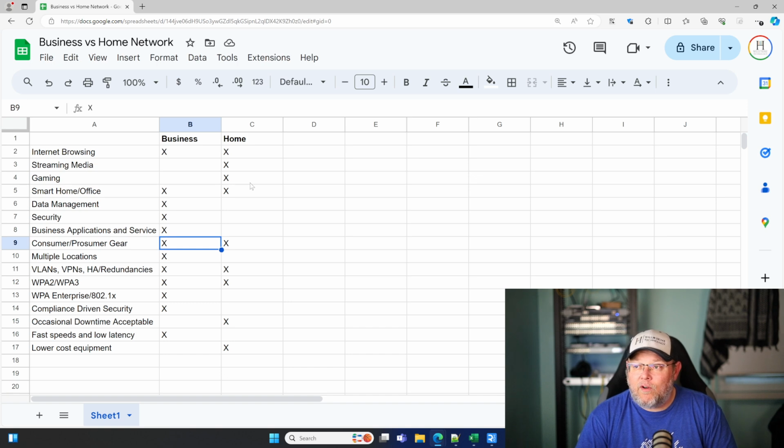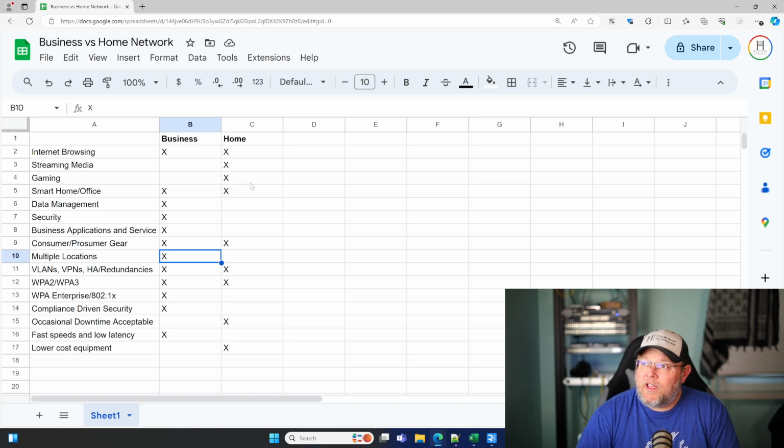When you're paying for enterprise gear, and think of a hospital, a bank, a casino, even a manufacturing business, that is paying large amounts of money for their support and their hardware support, they're going to get their gear replaced. They're going to get answers much quicker than if you go with a prosumer company.